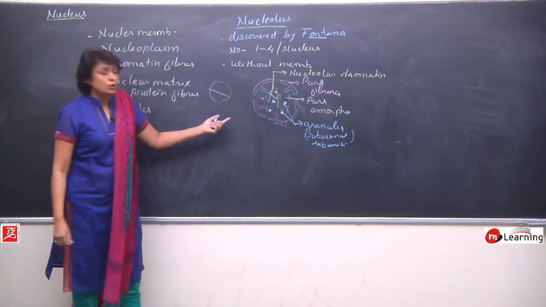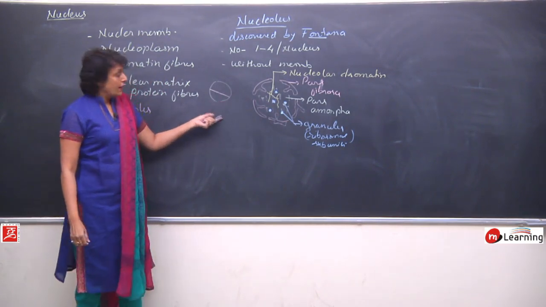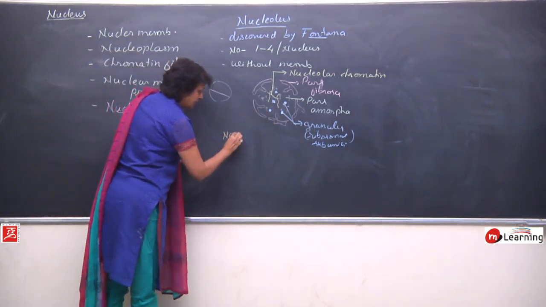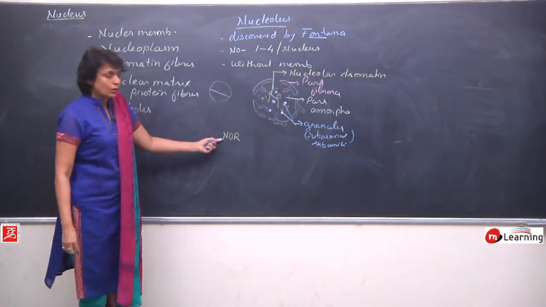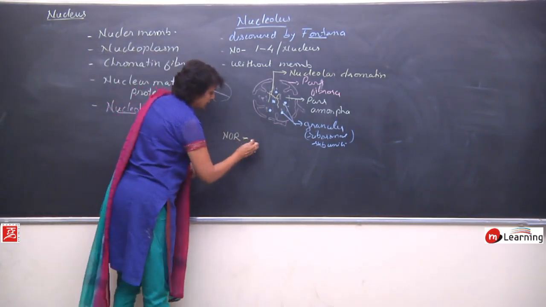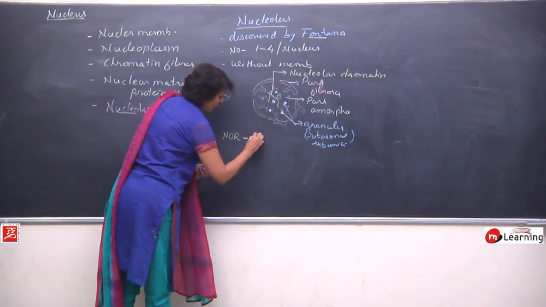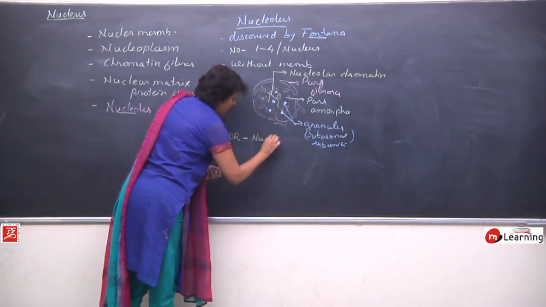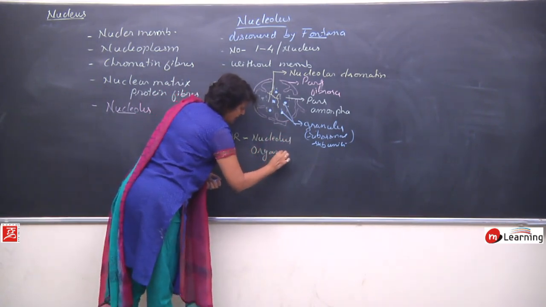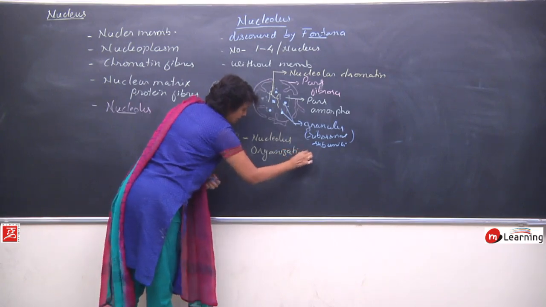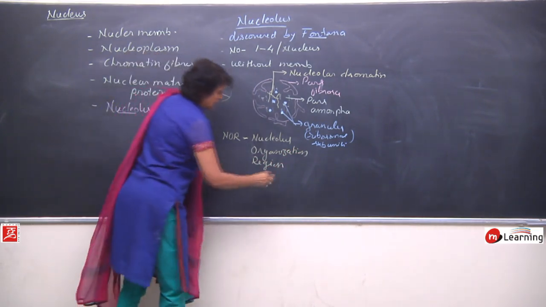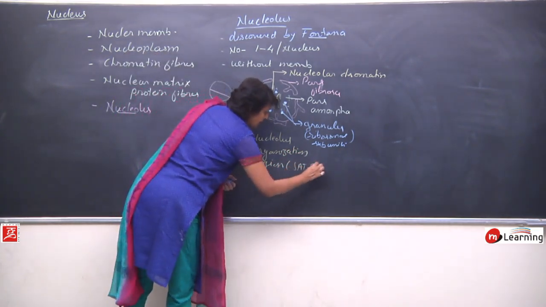Now, where is this nucleolus formed? When we were talking about SAT chromosomes, that satellite part is known as NOR, that is nucleolar organizing region. So this nucleolus is synthesized or formed in NOR, the nucleolar organizing region, which is found in SAT chromosomes.